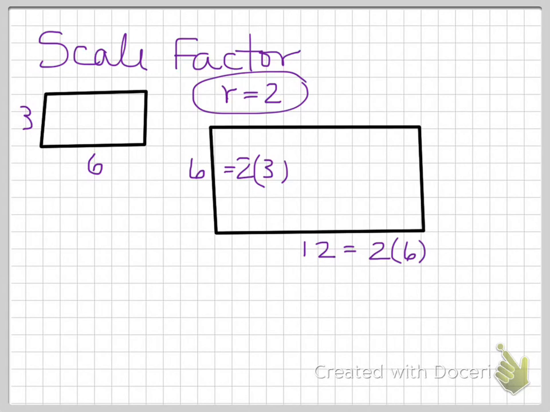So what if I took my original rectangle again and I said R is equal to 1/2? So what would that mean to change this original rectangle by a factor of 1/2? Well, I would have 1/2 of the length here and 1/2 of the width, or the height. And I would end up with a much smaller rectangle.